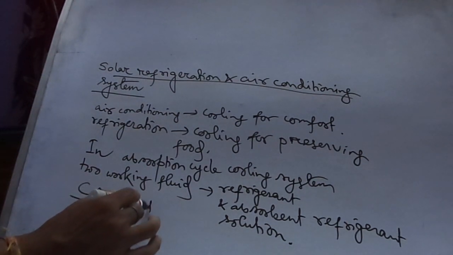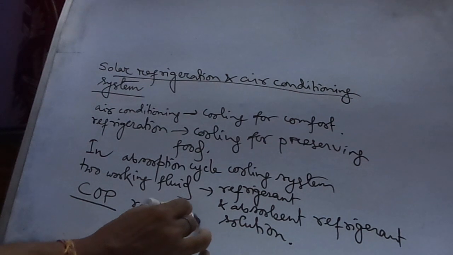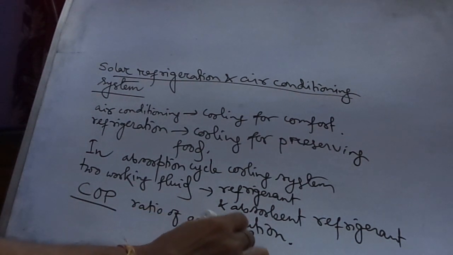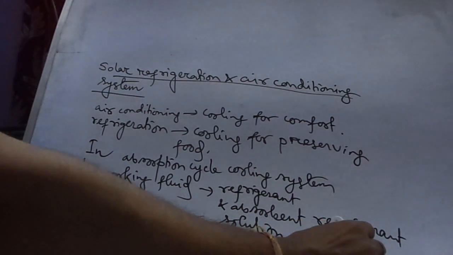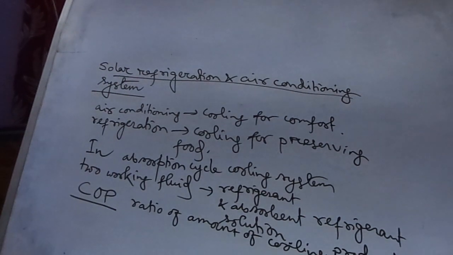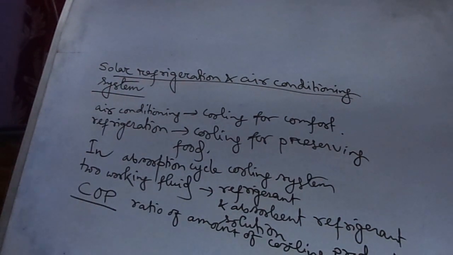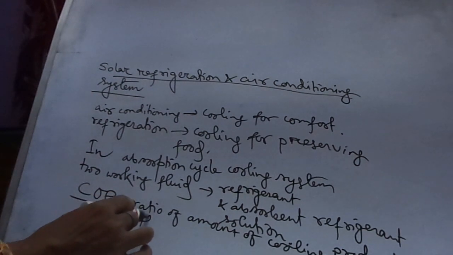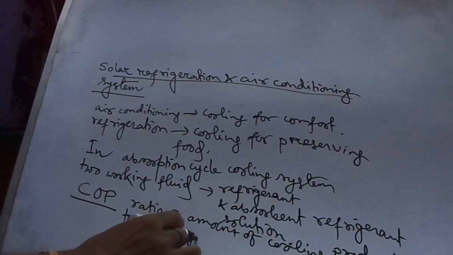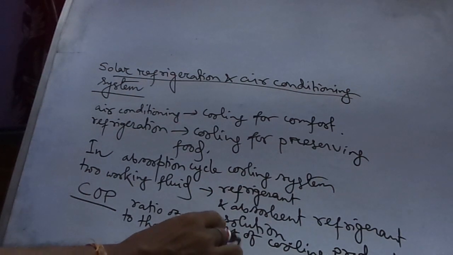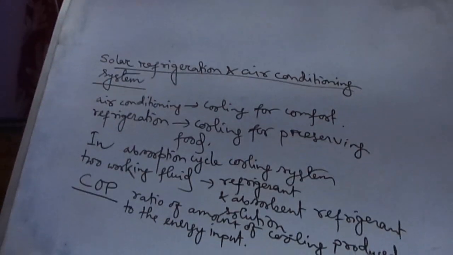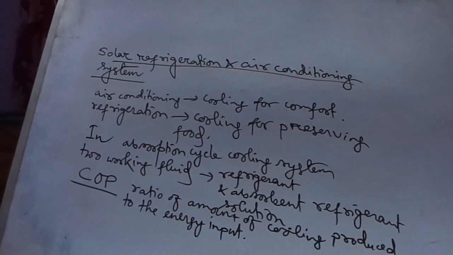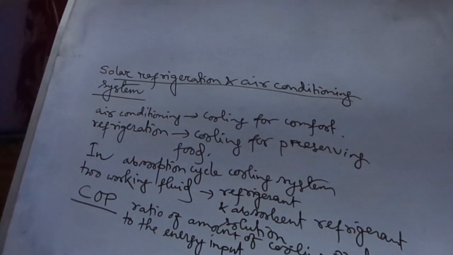So COP is the ratio of the amount of cooling produced to the energy input.